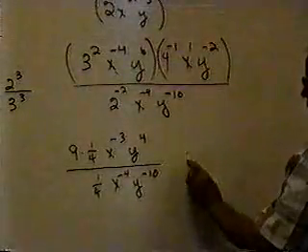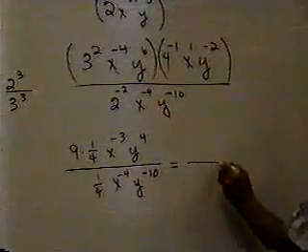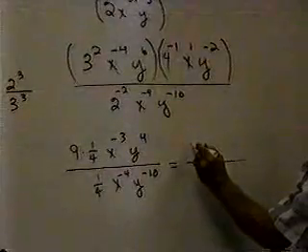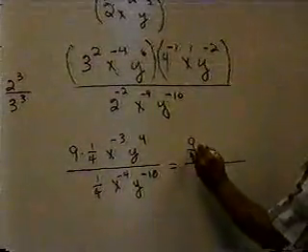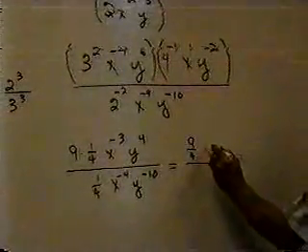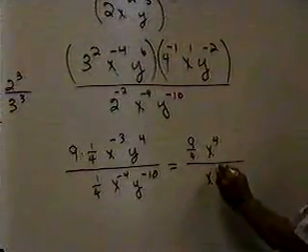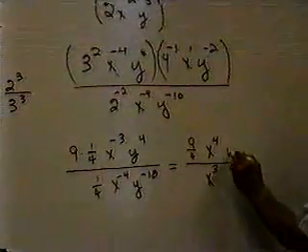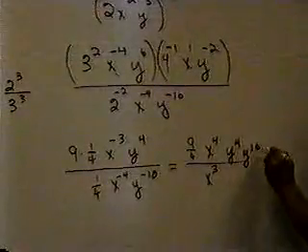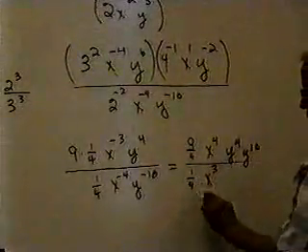All right, so let's come over here now and do this. All right. This is 9 fourths, x to the 4, x to the 3, y to the 4th, y to the 10th, and 1/4.